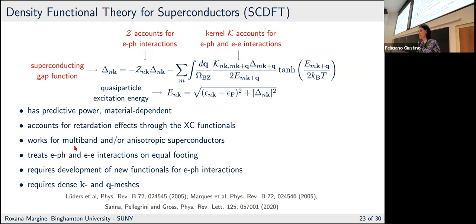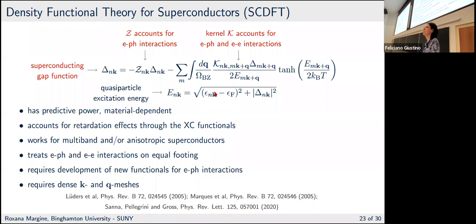At least until a few years ago, one issue or problem with this was that there weren't many functionals available to describe the electron-phonon interaction. For superconducting DFT, you need to develop new functionals.